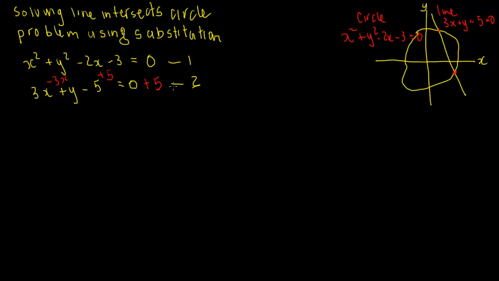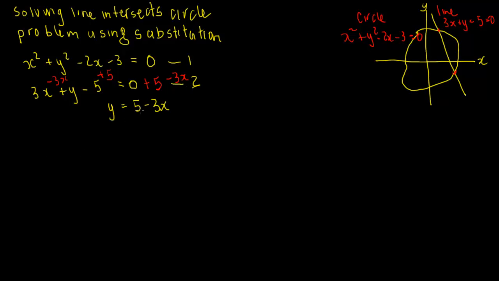So we're adding 5 to both sides, and then subtracting 3x. Collecting our terms: 3x minus 3x plus y gives y, and minus 5 plus 5 equals 0, plus 5 minus 3x. So y equals 5 minus 3x, rearranging equation 2.